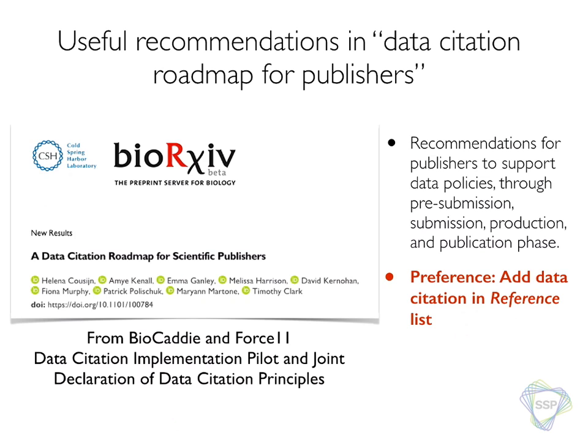If you look at this article, which is a preprint in bioRxiv, it's a very practical roadmap for how to provide guidance to your authors in the journal in different phases: submission, production, and publication. They say the preference is that you add the data citation into the reference list of the journal.